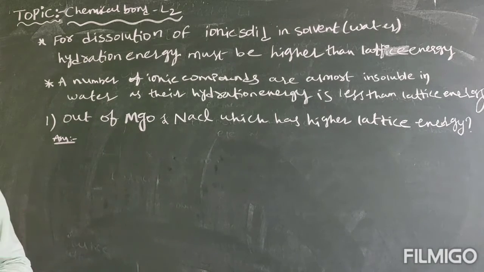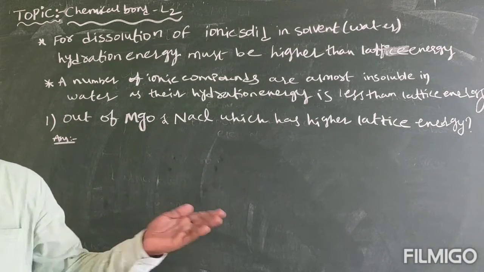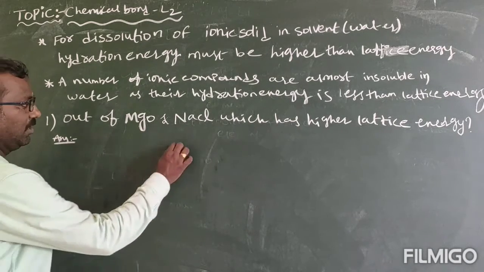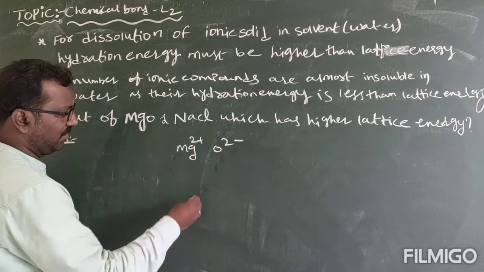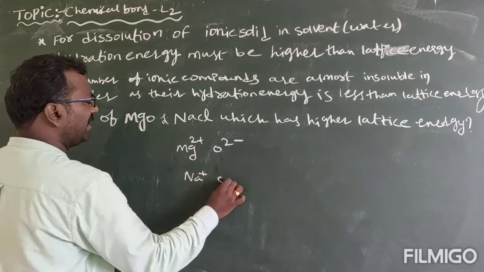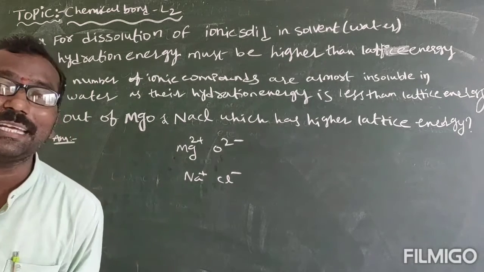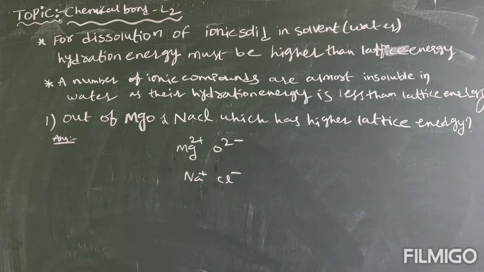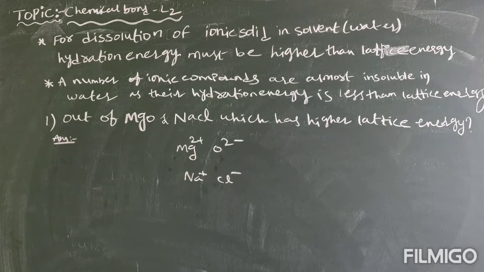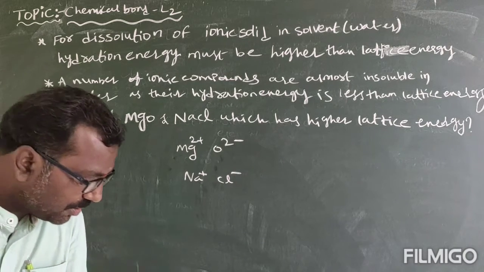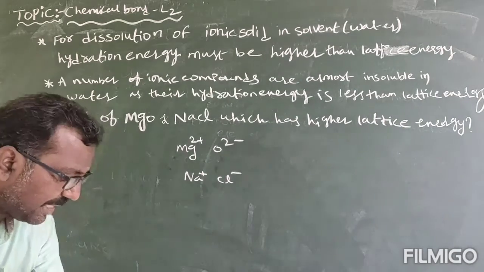Generally, when any compound is given, dissociate it. First identify the cation and anion. So here Mg2+ and O2-, Na+ and Cl-. Now tell me which has higher lattice energy. We had a clear-cut discussion that the one having the larger charge will have the higher lattice energy.